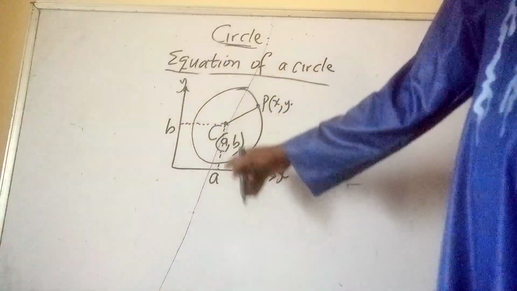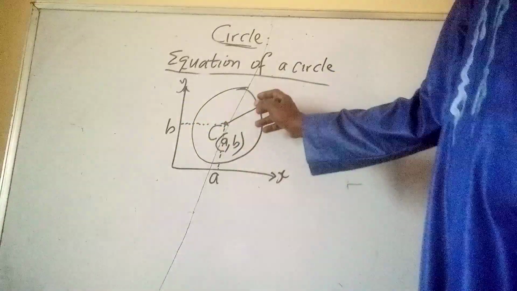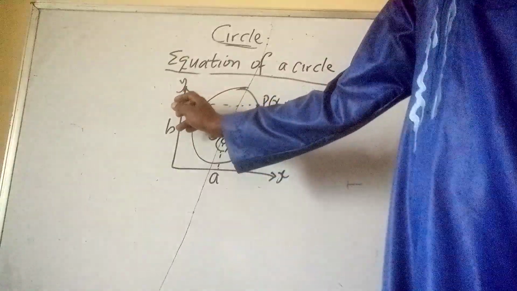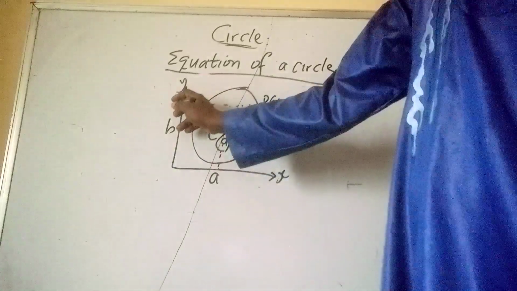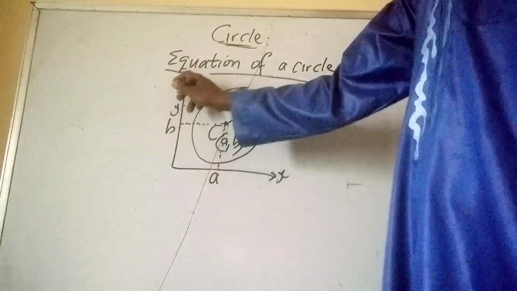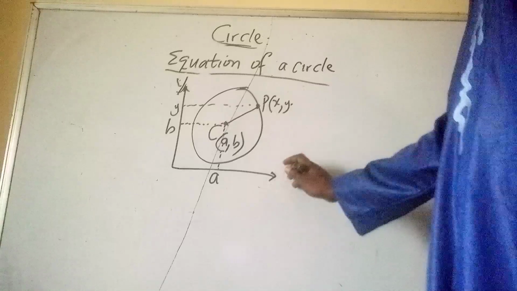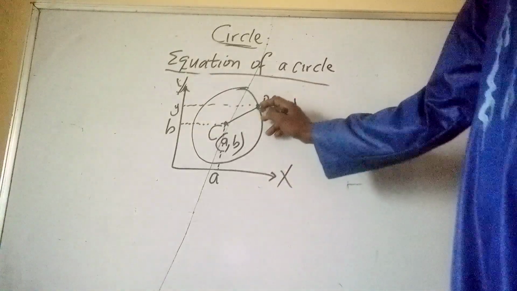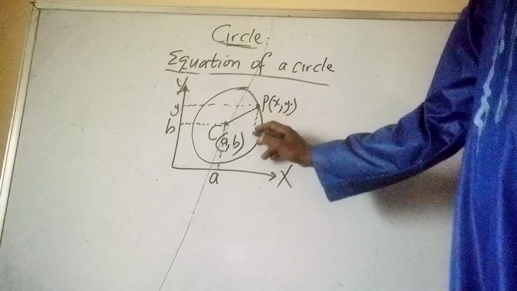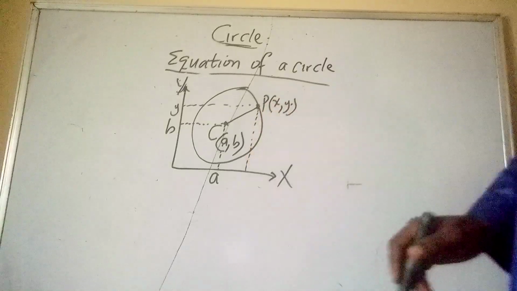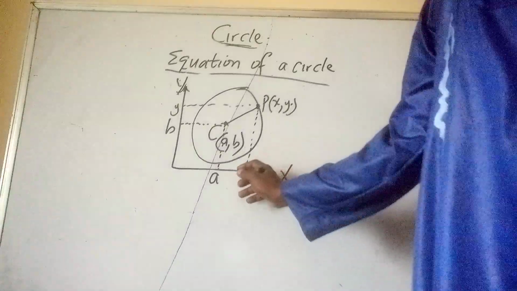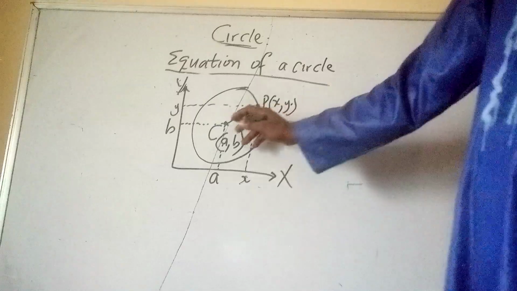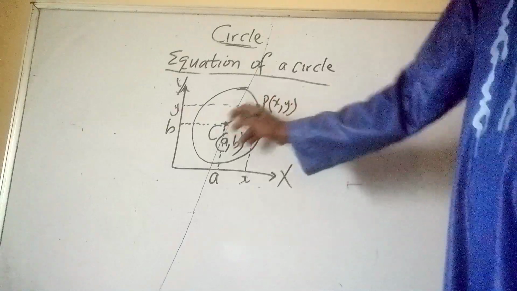That is the coordinate A, comma B. The same thing, point P, if I trace it to the y-axis, that will be this value of y. Let me make this y capital letter, and this x capital letter. Okay, if we trace this point P down to the x-axis, that will be the x value.